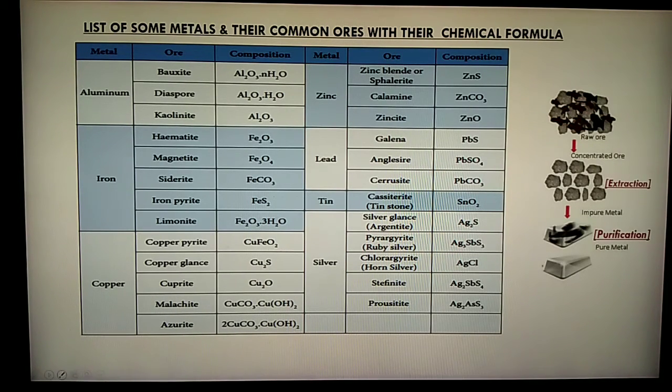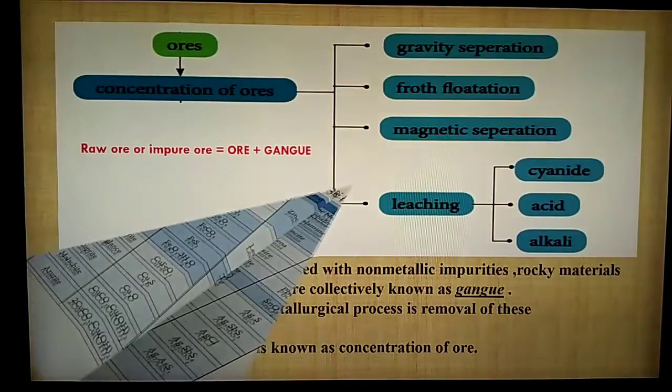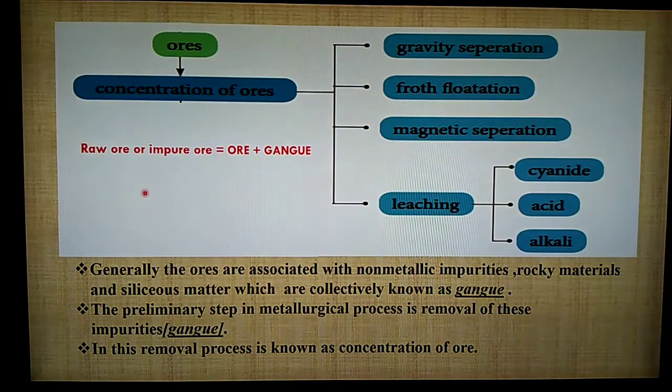Just see the PPT. Concentration of ores. I told you we have raw ores, otherwise called impure ore. It is nothing but ore particles and gangue particles, both associated together.